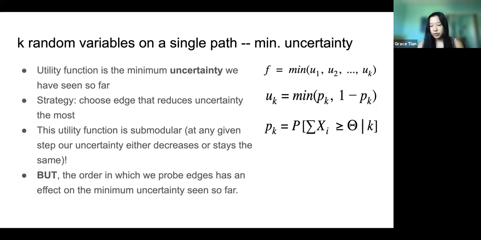However, the order in which we probe edges has an effect on the minimum uncertainty seen so far. This is an issue because in order to implement a greedy probing strategy, we rely on the utility function to tell us in what order we should probe the edges. However, if the utility function returns different values based on the order that we probe in, we can't find the optimal probing strategy.